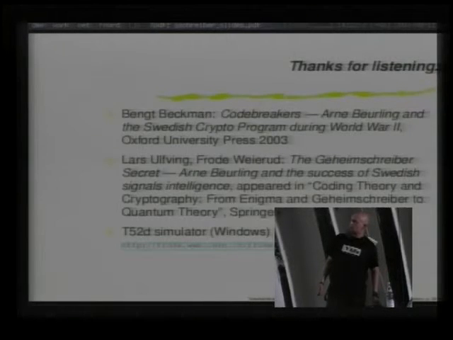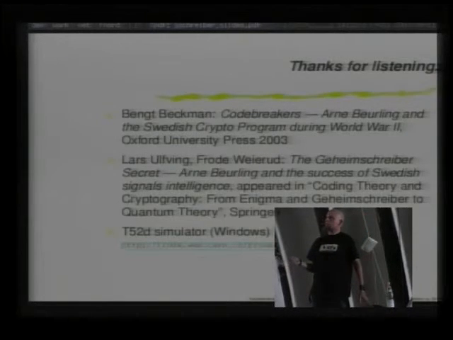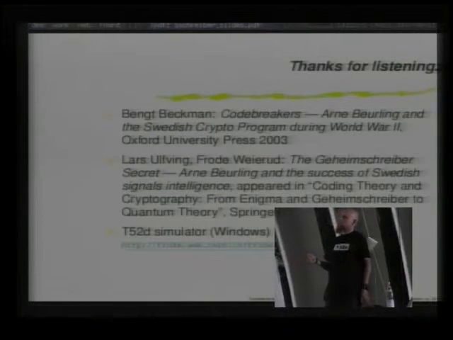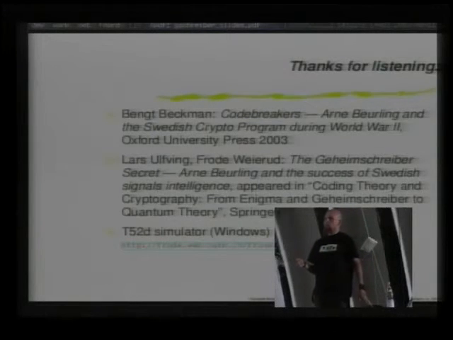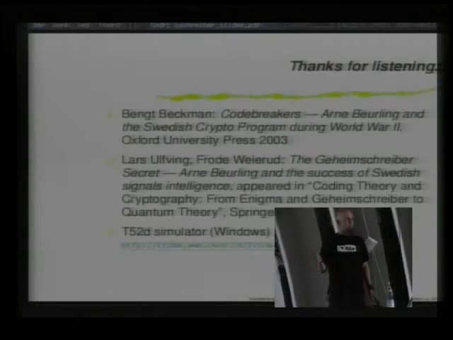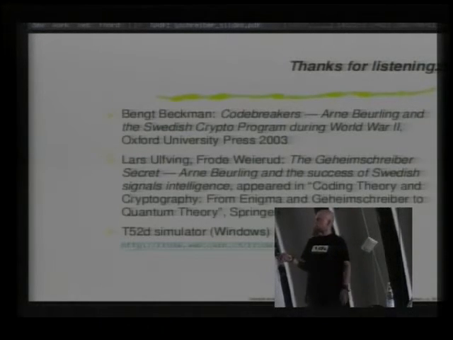At the end, let me give you the references to the two books this is based on. This was actually written by me for a university course. One is called Codebreakers, and the other is called The Geheimschreiber Secret. Geheimschreiber is what they usually call these machines; T52 is the official name.